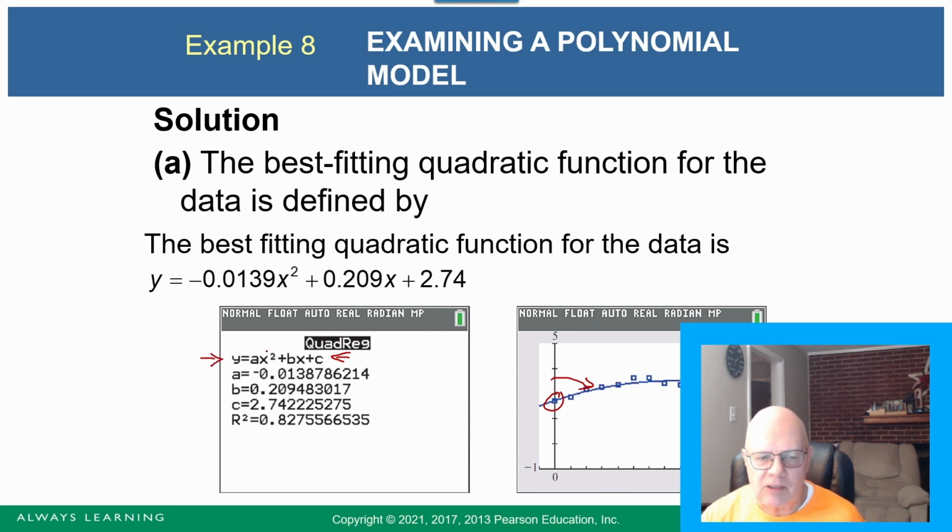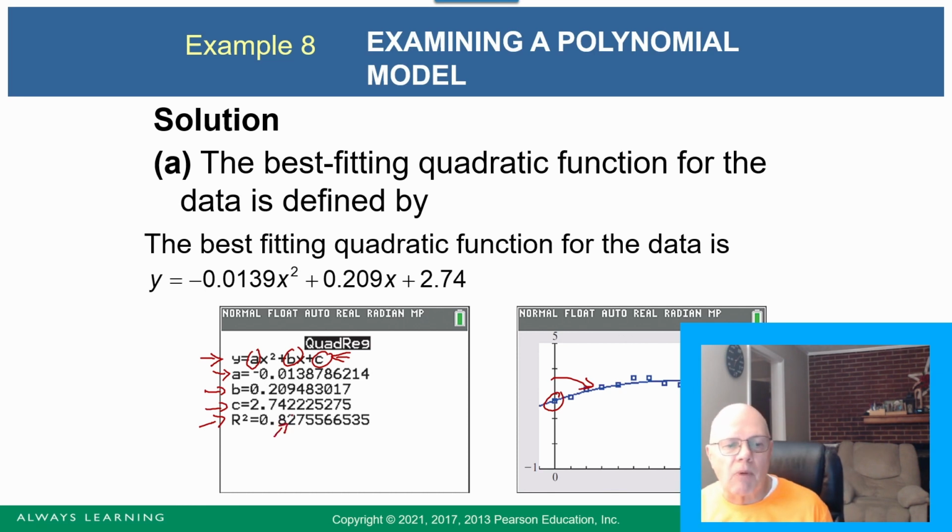This is a quadratic because you see the x squared, and it doesn't have room to put all the rest in. So it just tells you what the a is down here. It tells you what the b is down there. It tells you what the c is. And it also gives you some other information. It tells you r squared. And the closer this is to 1, the better your model is, the better your function is.